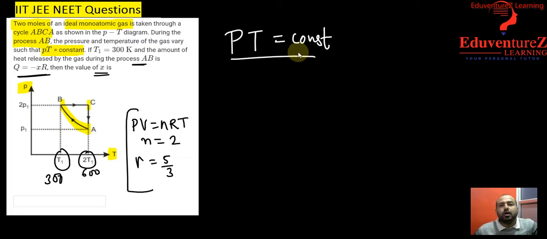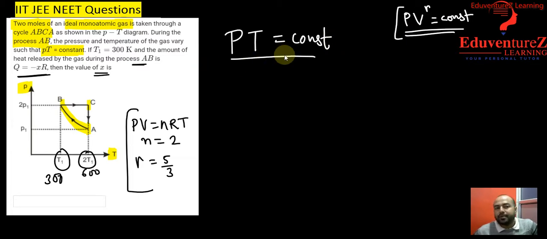Now we will try to put this given condition in an identifiable process. We will first replace the value of T, because in the adiabatic process we have studied that if PV to the power gamma is constant, it is an adiabatic process. So we will try to convert PT equal to constant into a form of PV.